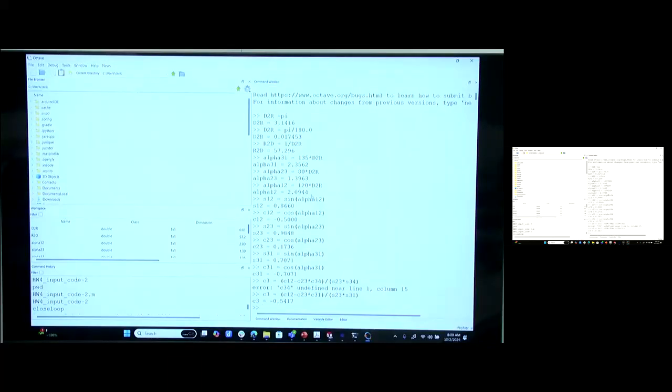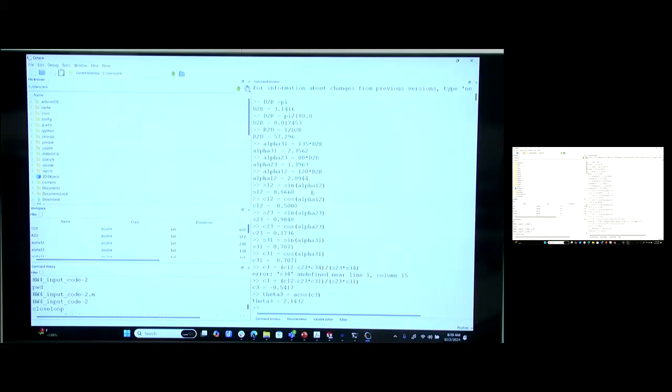So theta 3 is equal to ACOS. I forgot what it is in MATLAB, because I've got MATLAB and Python and C++ in my head. Here we go. Theta 3 degrees is equal to theta 3 times rad 2 degrees.